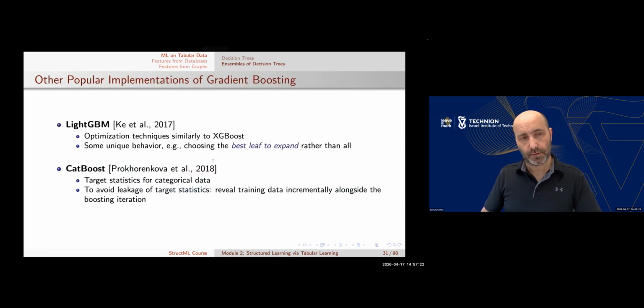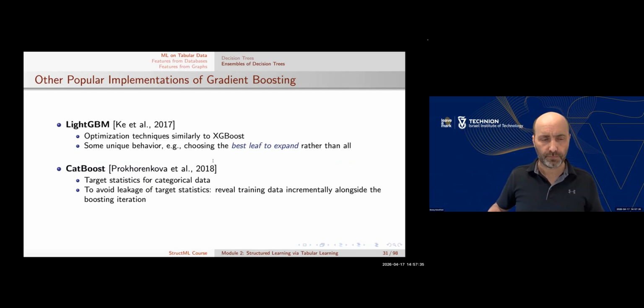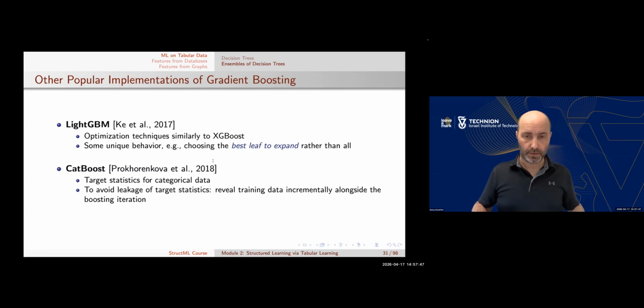Additional state-of-the-art models are LightGBM, with many ideas similar to XGBoost, and some special ideas like techniques for finding the best leaf to expand, not considering all of the leaves. And another one is CatBoost, which is really specializing on how to use categorical data, or how to split nodes in the case of categorical data.